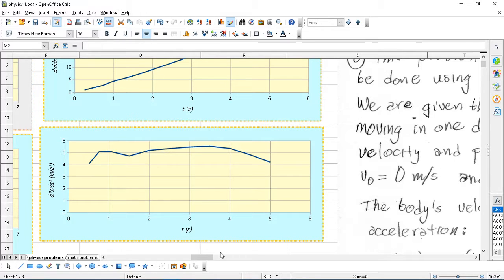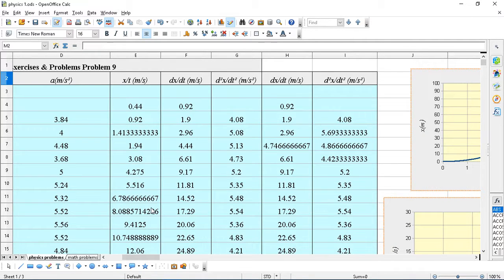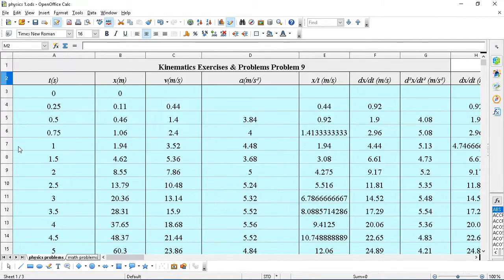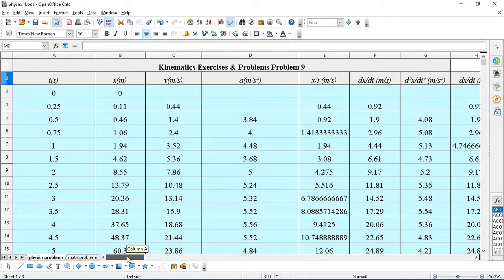That is the case of dx/dt obtained from columns F and A, and for d2x/dt2 from columns G and A.